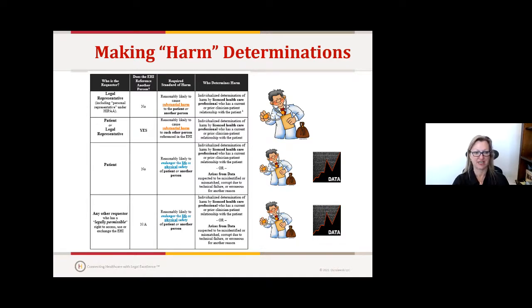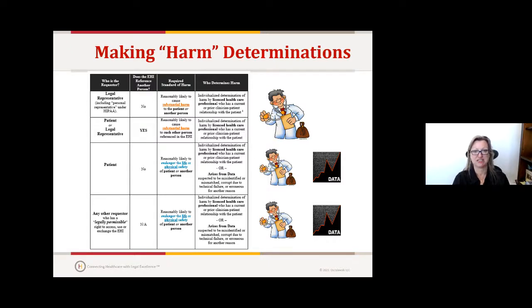Okay, so the first step would be to take a look at who is requesting the information. Is it a legal representative? Is it the patient or legal representative, but the EHI is referring to another person and you can't extract that, and so by exposing or delivering the EHI, you would be exposing that other person who is subsumed in that data?